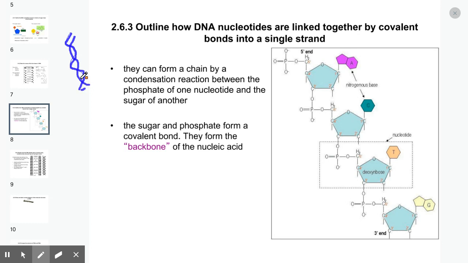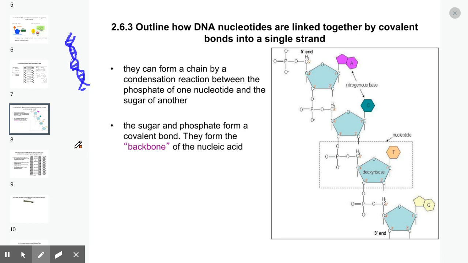And then I'm sure you've seen pictures with the little ladder shape that represents it. We'll talk about that ladder part in a little bit. So this assessment statement is just saying, how do we talk about how one strand of DNA is joined together? And it's not so complicated.